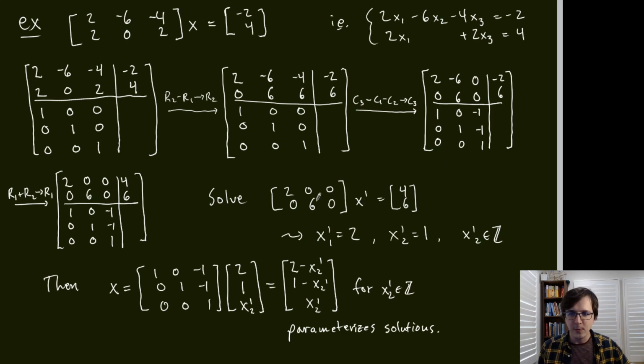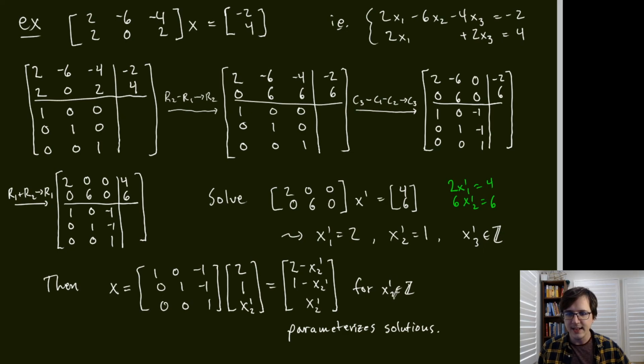If we write out what it's saying, it's that 2x1 prime equals 4, and 6x2 prime equals 6. And so x1 prime has to be 2, and x2 prime is 1, and x3 prime is allowed to be anything. I gotta fix that.